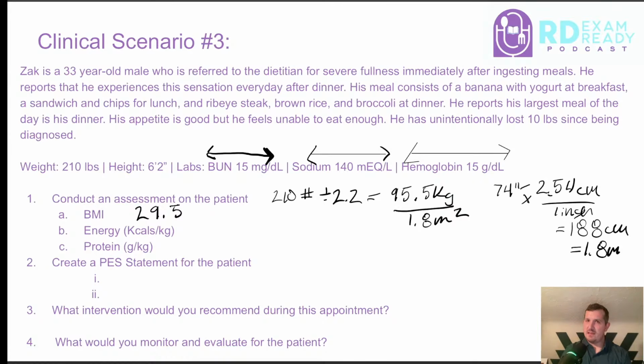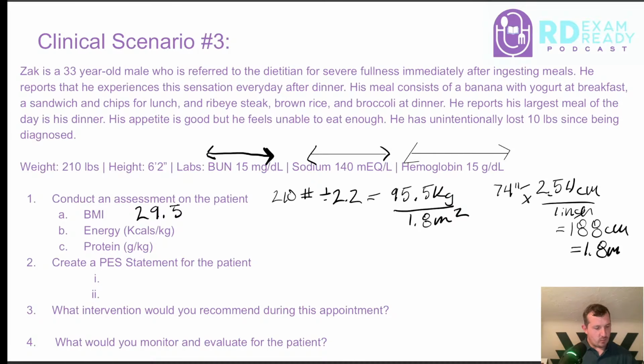Does he need 35 kcals per kilogram per day? Probably not. It doesn't seem like he's having a lot of inflammation, right? So I don't really think that would be too good of a fit there. Does he even need 30 kcals per kilogram? With him being a bigger guy, I would say probably not. That even feels just a bit high.